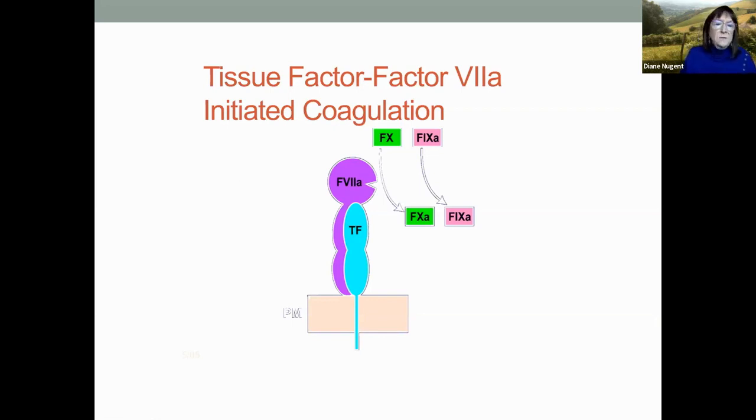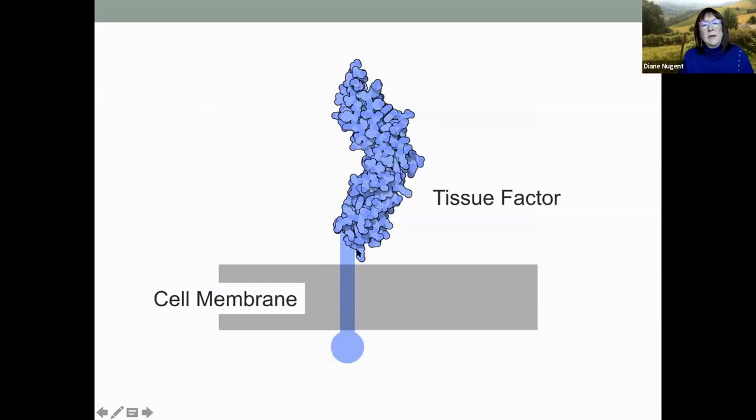And in fact, if we look at the factor VII molecule itself, each one of these little bubbles in here is an amino acid. And this is a typical size protein. The tissue factor is about the same size as factor VII.